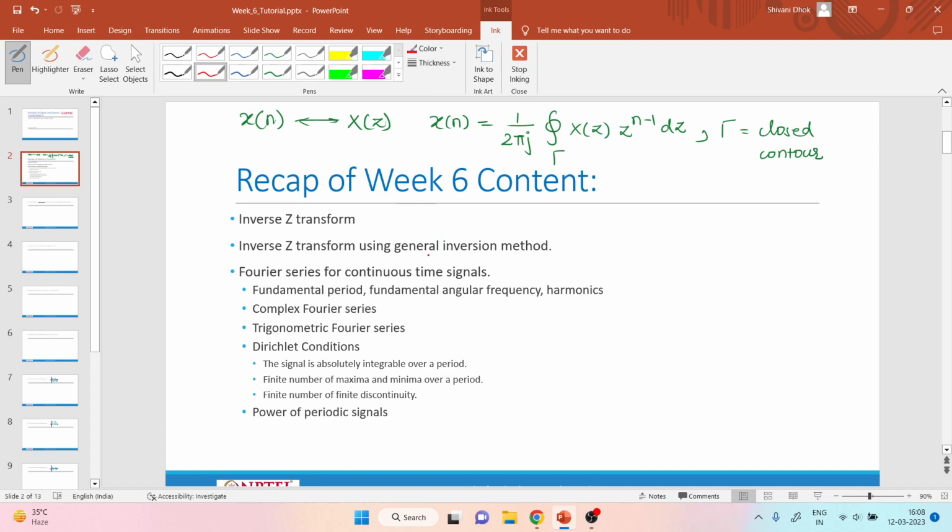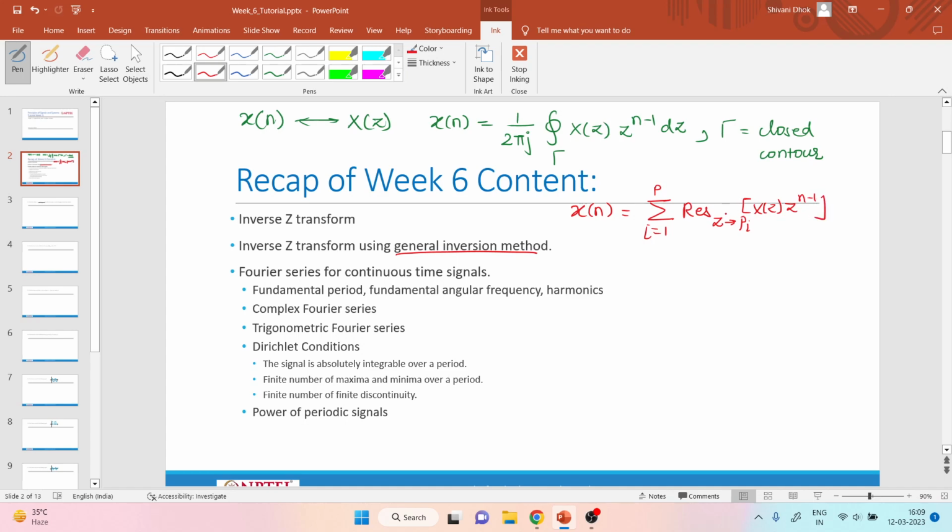Another method to find the inverse Z transform was the general inversion method, where this integral basically reduces to the summation of i equal to 1 to p of the residue at z tending to p i, and this residue is of X of z into z to the power n minus 1.